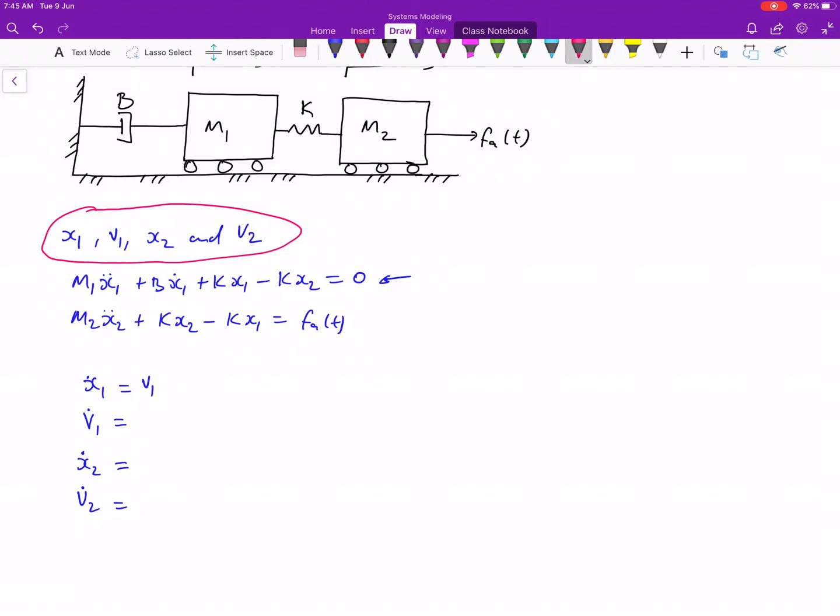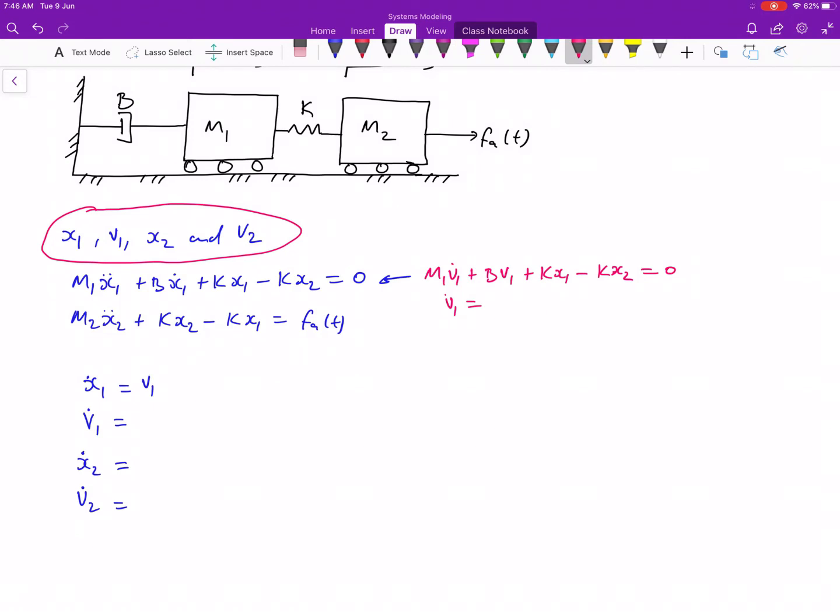Let me rewrite it. This is going to be m1 v1 dot plus b v1 plus k x1 minus k x2 is equal to 0, whereby v1 dot is equal to, I'm going to put everything on the other side now.